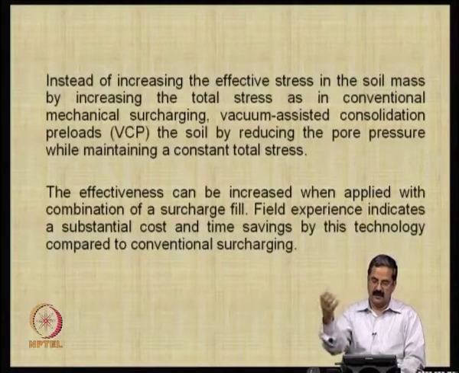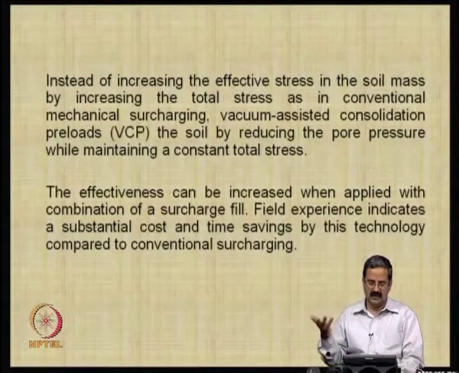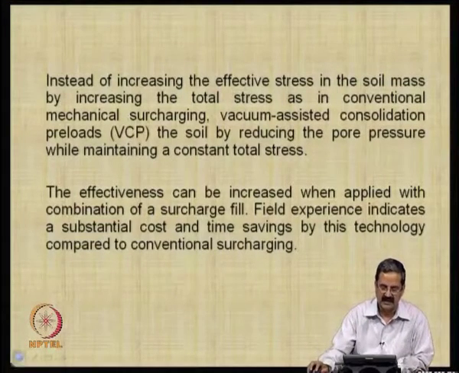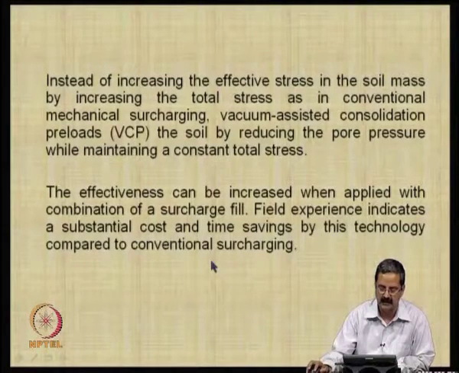The total stress is the same, but you start removing water, and the effective stress increases. The effective stress can be increased further when combined with surcharge fill. Field experience indicates substantial cost and time savings by this technology compared to conventional surcharging.